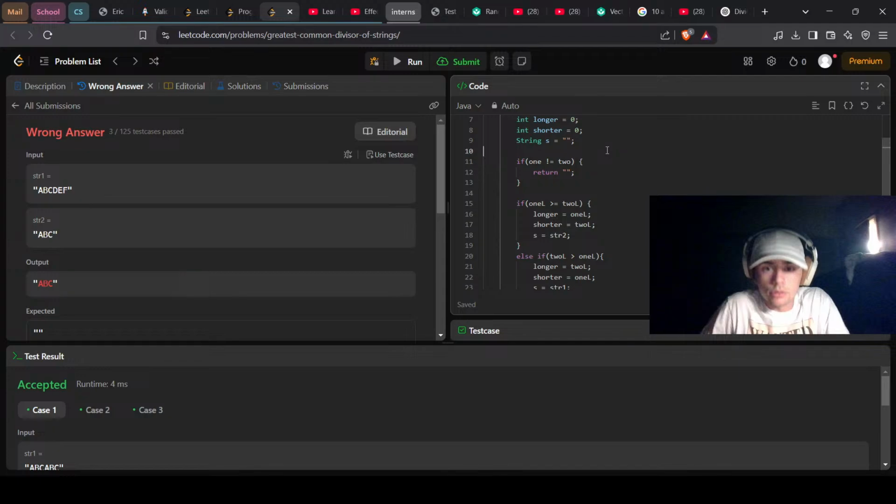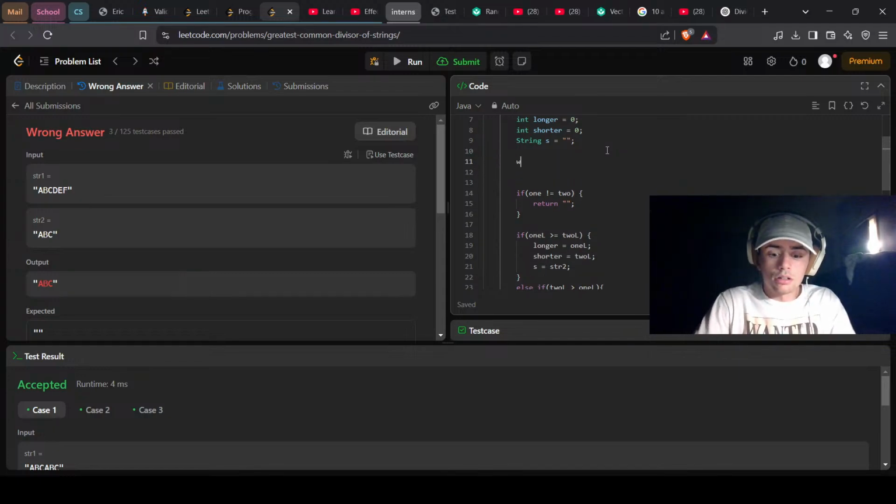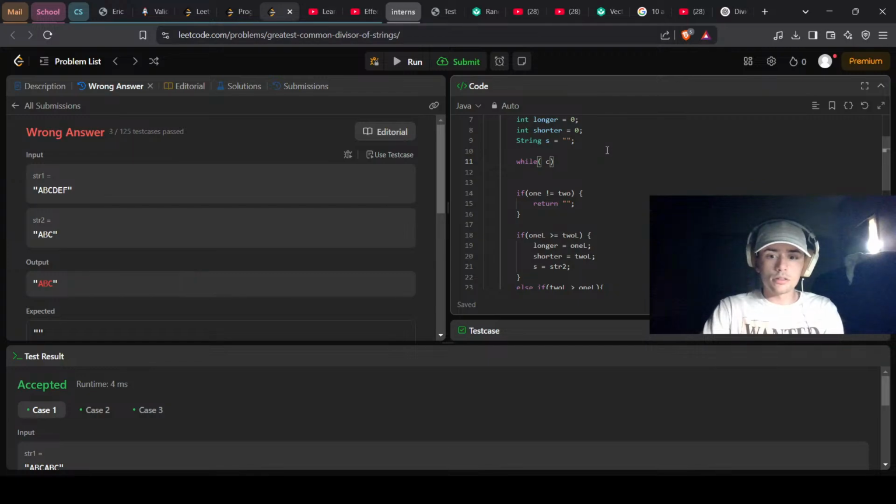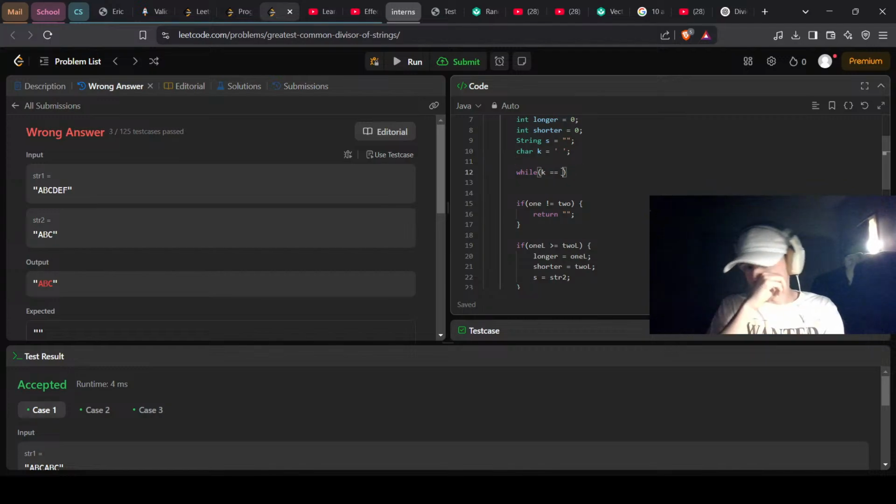Let's do this up here real quick. While c. Alright, well, okay, we're gonna just do some char k equals nothing. While char k equals, while k equals and j equals 0.